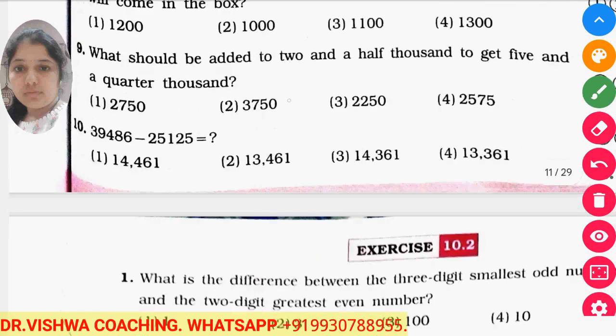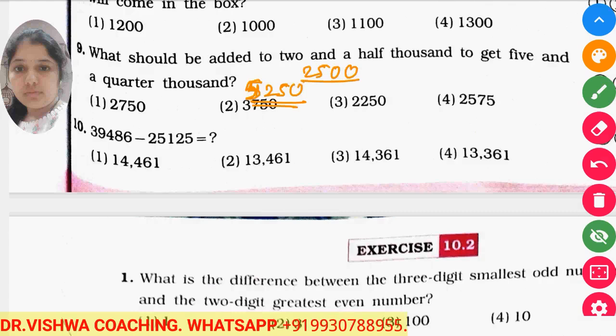What should be added to 2,500 to get 5,250? Now see, you all must know 2,500, and 5,250.